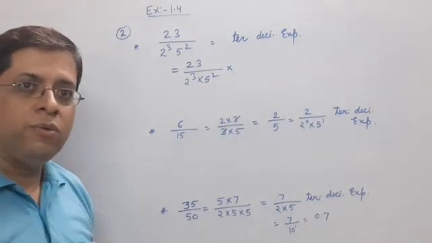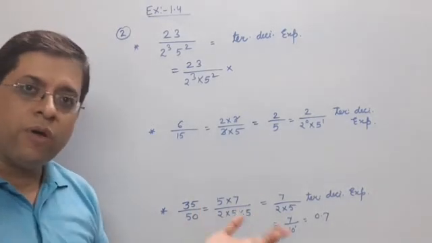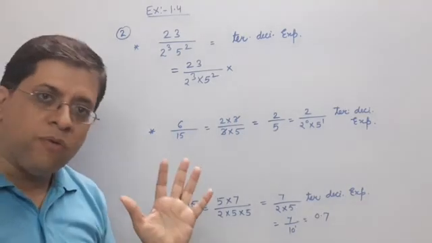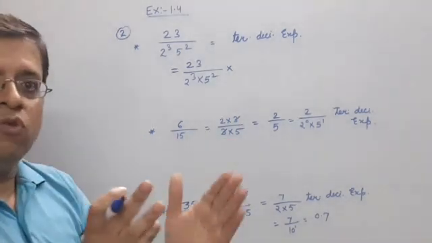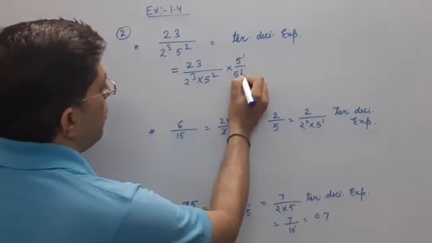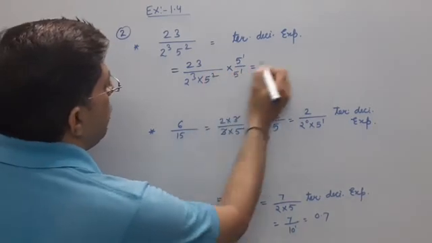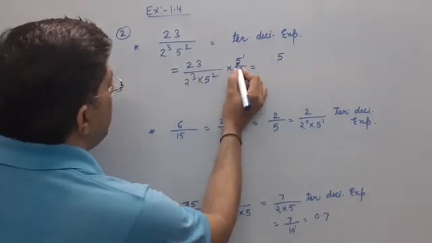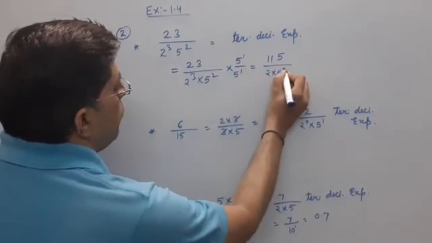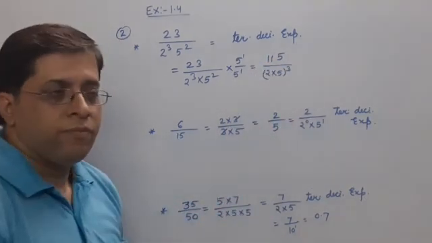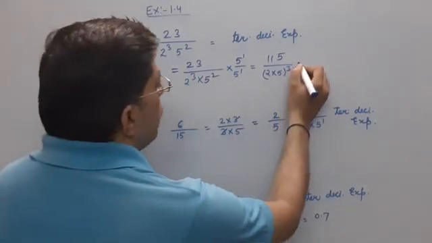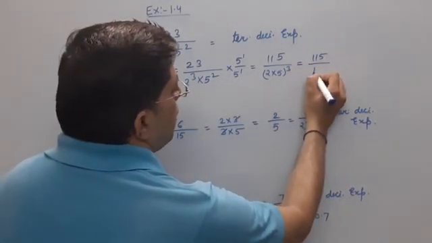2 is already given to you. I have to make it 5 power 3. How can I make it? If I multiply and divide by only 5 power 1, then 2 plus 1 will become 3. So I multiply and divide by 5 power 1. 3 5s are 15, 1 5 2s are 10 and 1 11, 115, and this is 2 into 5 whole power 3. 2 power 3 into 5 power 3, so we can say 10 power 3.